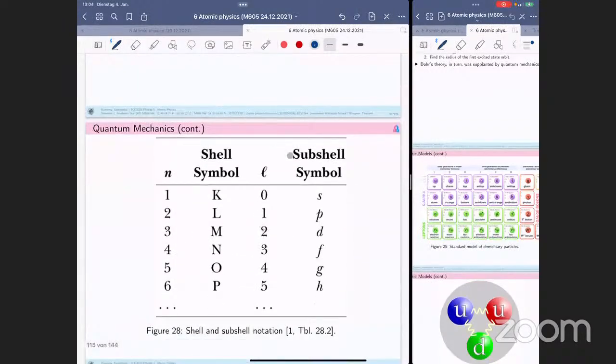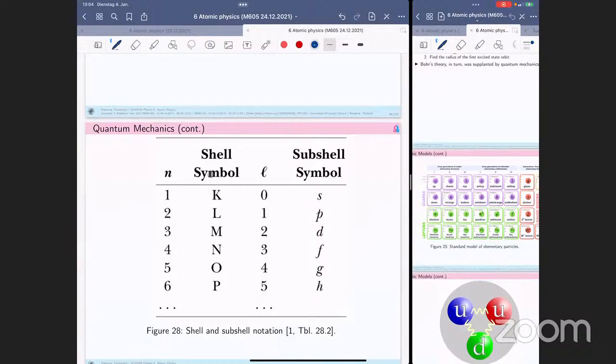Anyway, let's go further. Maybe you have seen this counting system in the subject of chemistry, but in physics, you know that n could be any integer, right? 1, 2, 3, 4, 5 until 6, and L could start from any value which is less than n, which is from 0 to n minus 1, and the shell symbol.